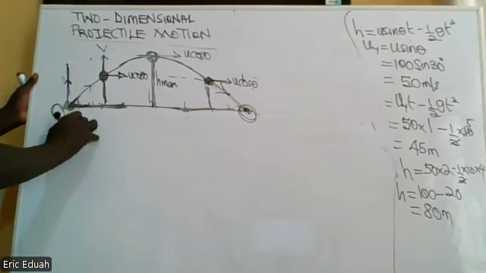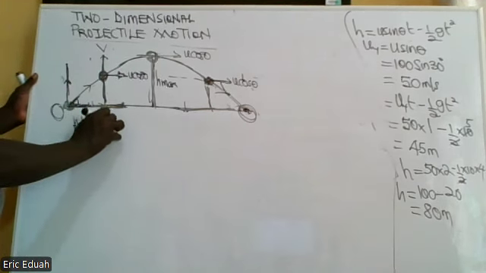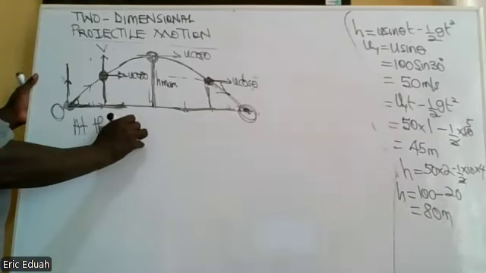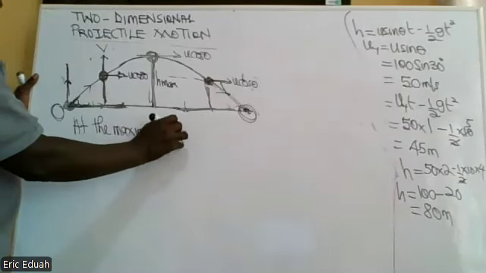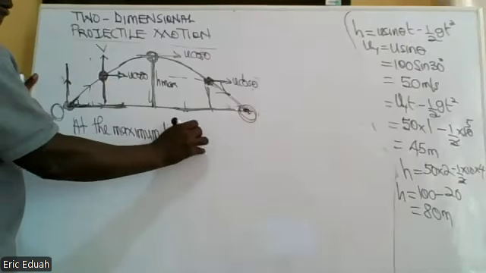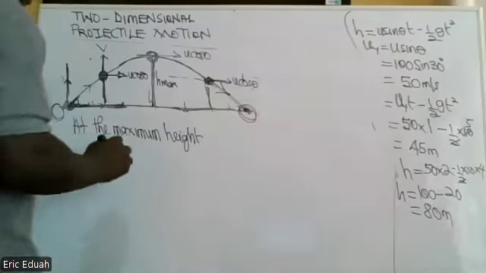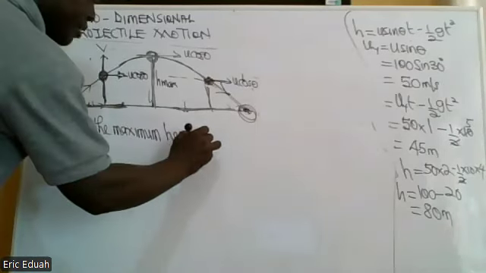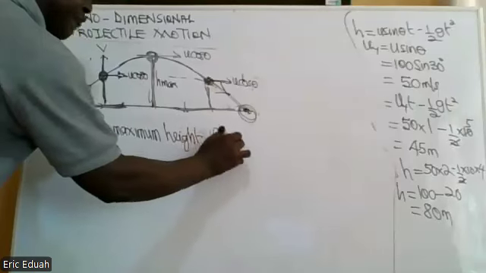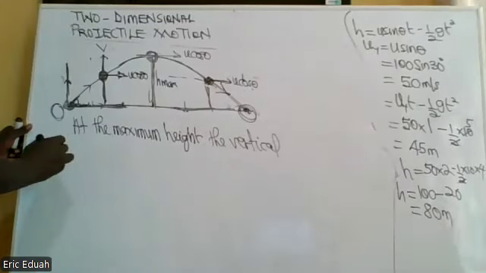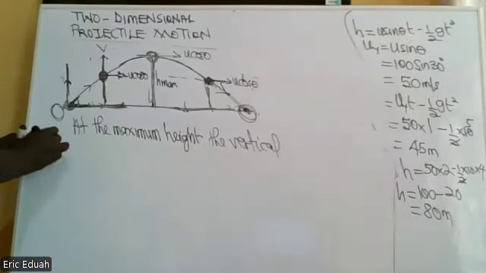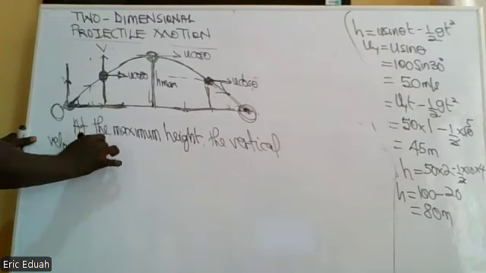At the maximum height, the vertical velocity is 0.